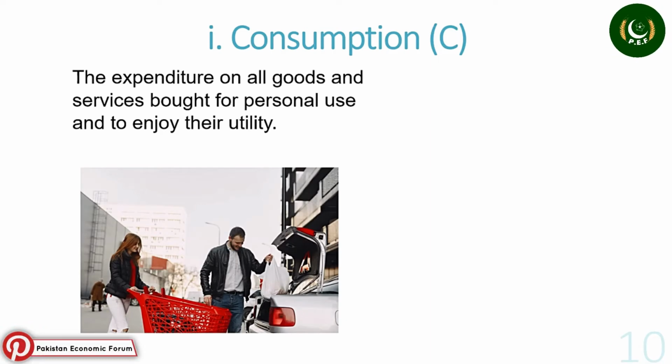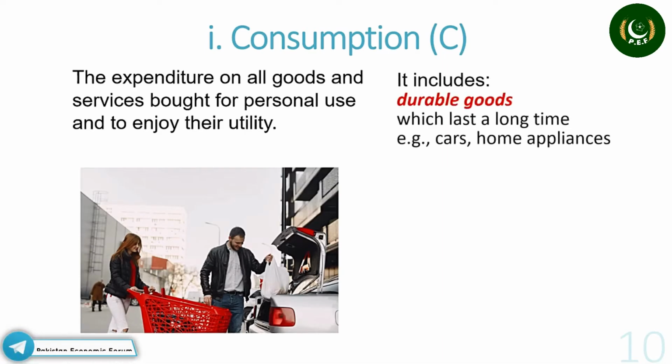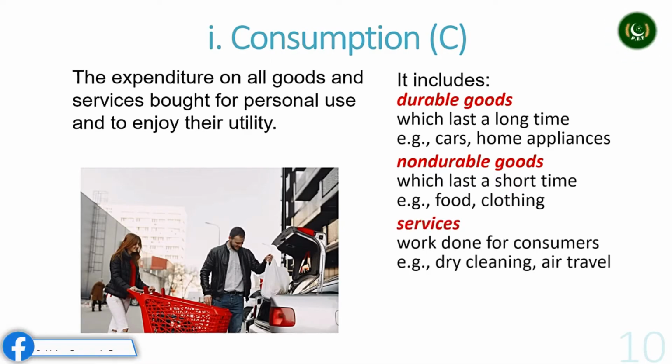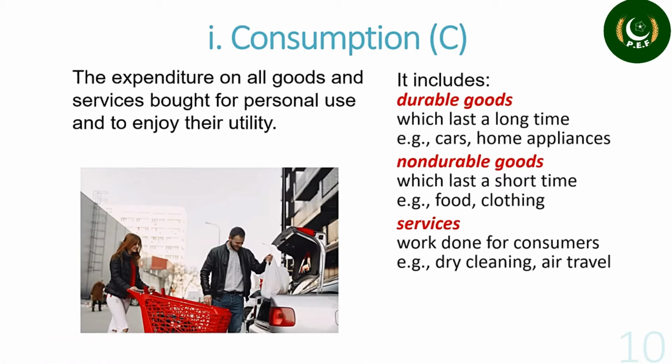It includes consumption of durable goods which last a long period of time. For example, cars and home appliances. The consumption of non-durable goods which last a short time period, for example, food and clothes, and the consumption of services, which is the work done for the consumer, for example, dry cleaning and air travel.